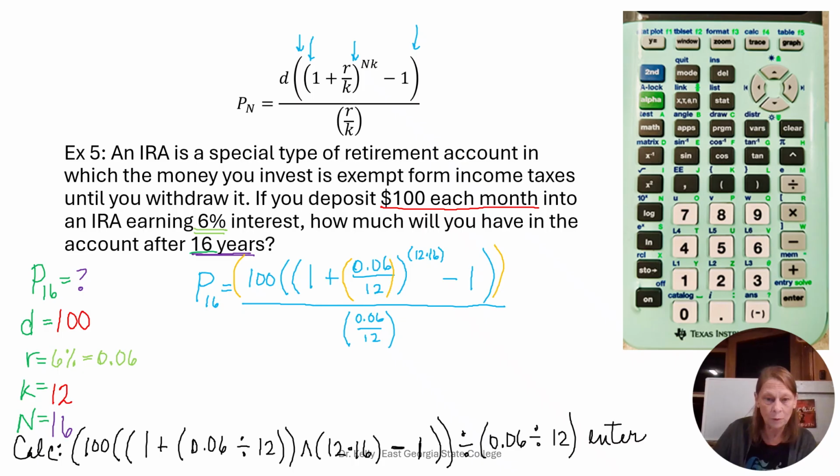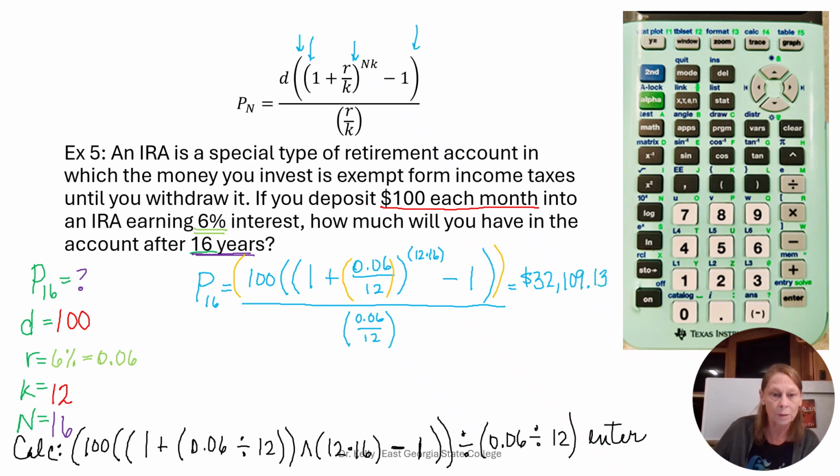Okay, now let's see what the answer here was. I pre-worked the answer here, example 5, so that's going to be $32,109.13.